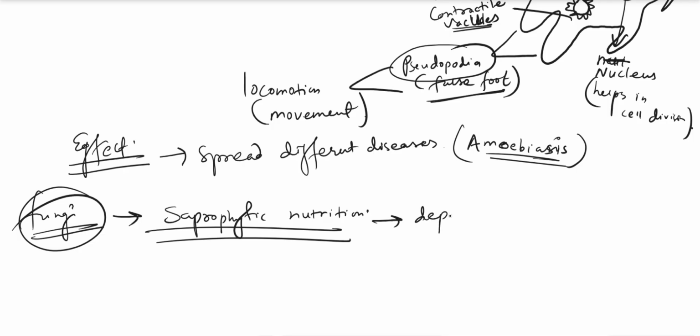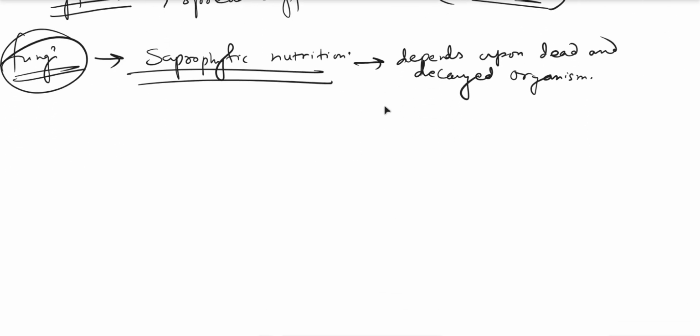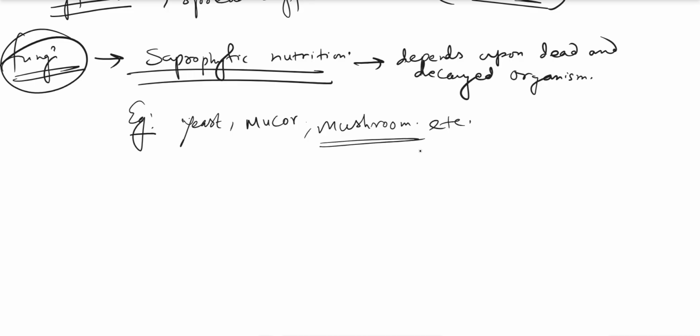Saprophytic means depending upon dead and decayed organisms. For example, yeast, mucor, mushroom. So these are examples of fungi with saprophytic nutrition.